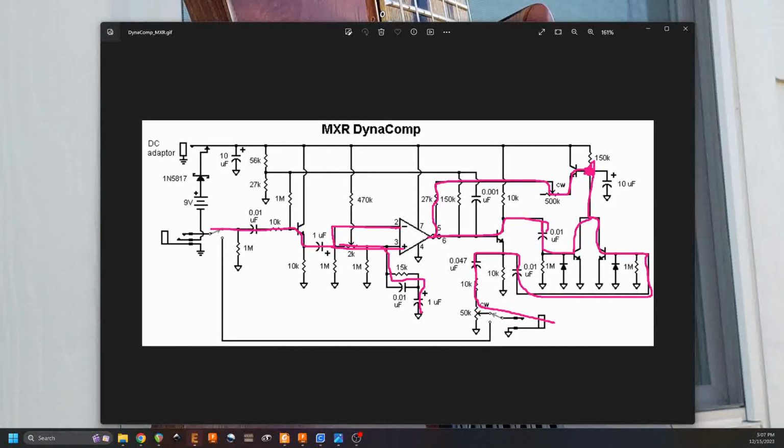Okay? So hopefully that helps to demystify a little bit of what's going on in this circuit.